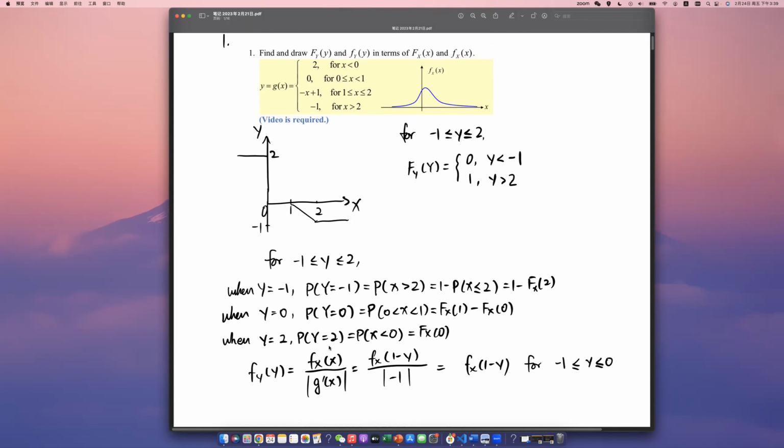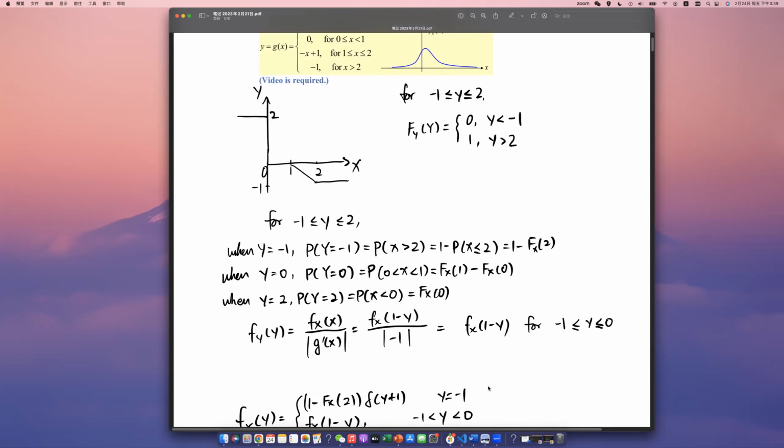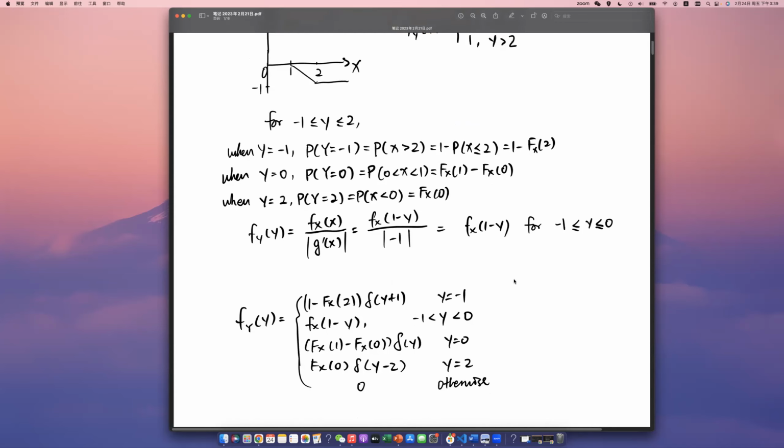This is the density function for y between minus 1 and 0, because for this part it is continuous, but for the other part it's step functions. So by solving this, we can represent x equals 1 minus y, so it's f_X(1 minus y), and we can write f_Y in terms of f_X and the impulse function.